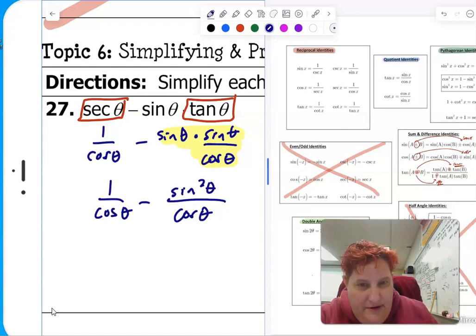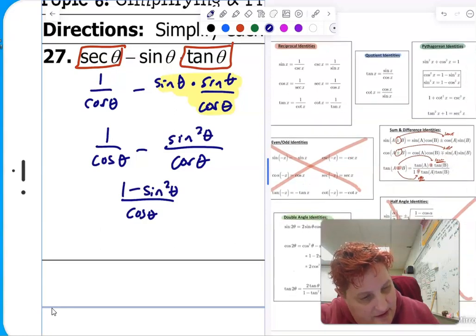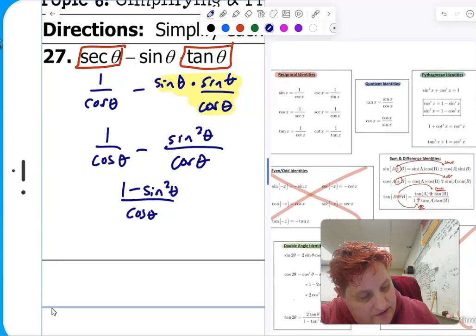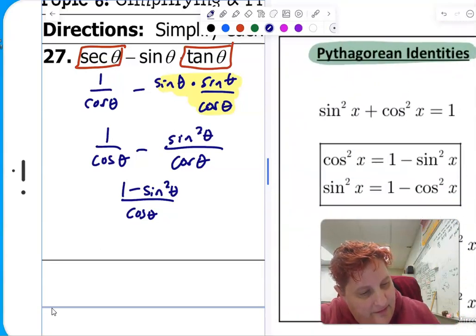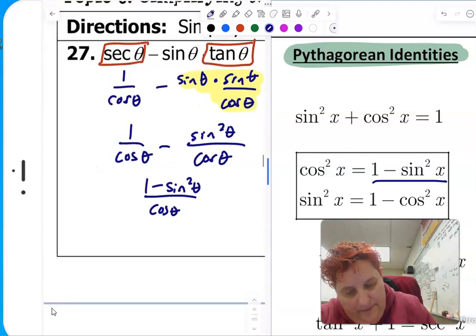It's got a common denominator, so I'm going to keep going. We do a lot of fraction stuff with these, okay? I do 1 minus sine squared over cosine. And when you guys see the squareds, we're normally looking up in the Pythagorean identities. And I can see it right here. 1 minus sine squared is cosine squared. Okay?